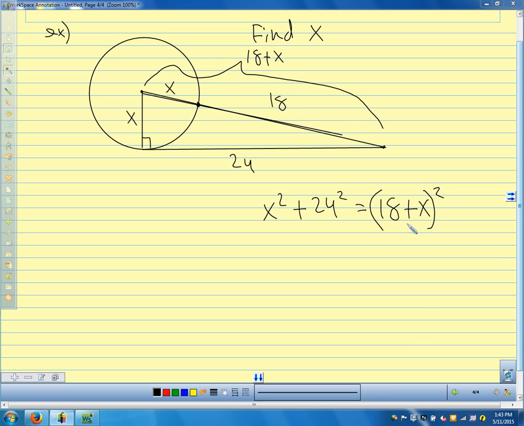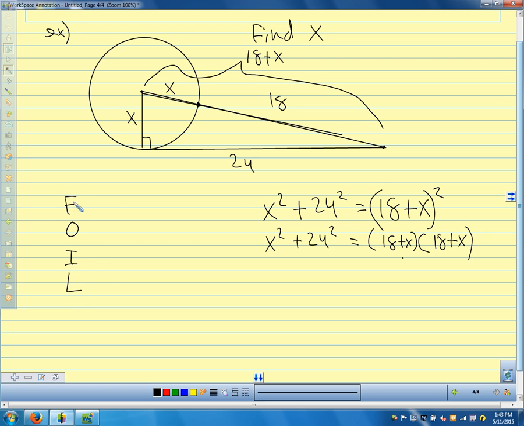What do I have to do with this (18 plus X) squared? It's the same as 18 plus X times 18 plus X. I'm multiplying it by itself. What do I have to do to this? FOIL. I have to FOIL this. It helps you out. Write out your initials here.